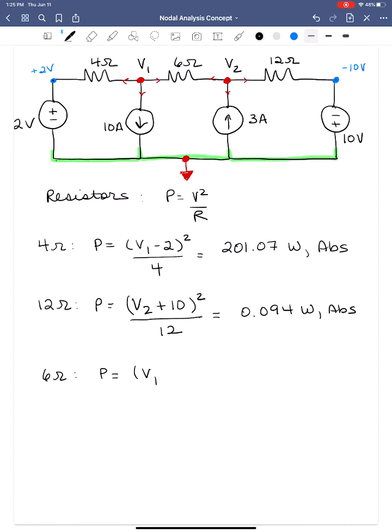So it does not matter which one we use. We're going to get the same answer. So I've got V1 minus V2. It's going to give us 50.58 watts, and this is absorbed. Again, we don't have to worry about which polarity we're choosing for that voltage because we're going to square it, which means we get the same answer.